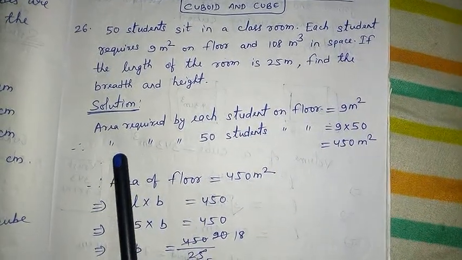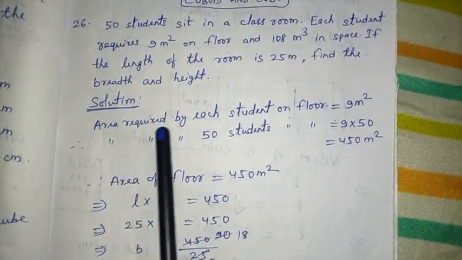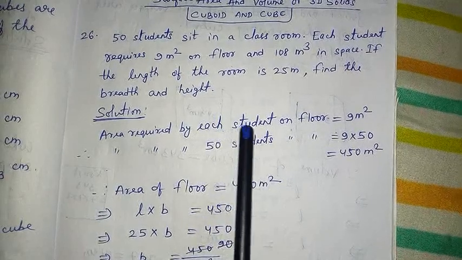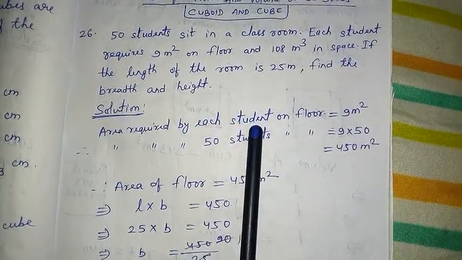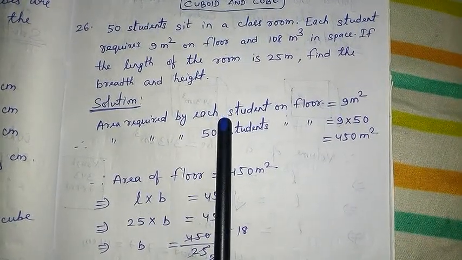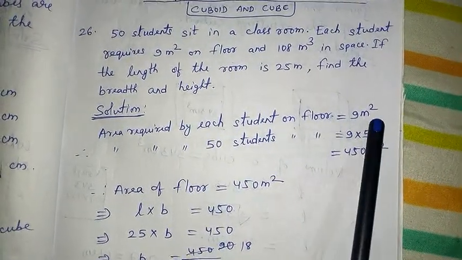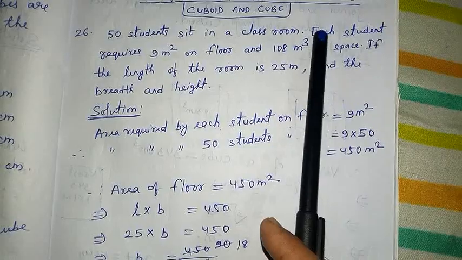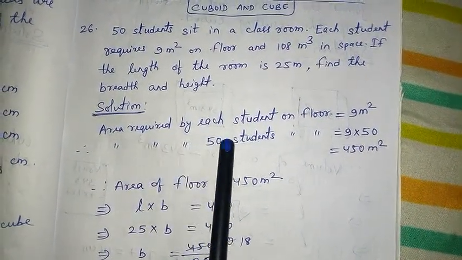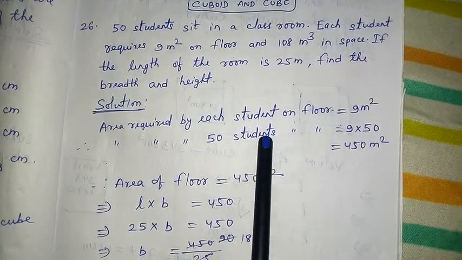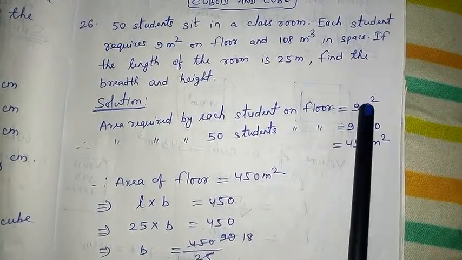Try to understand. As you know, the area required by each student, that means one student, on floor is 9 meter square. It is mentioned here. Therefore, the area required by 50 students on floor equals 9 into 50.